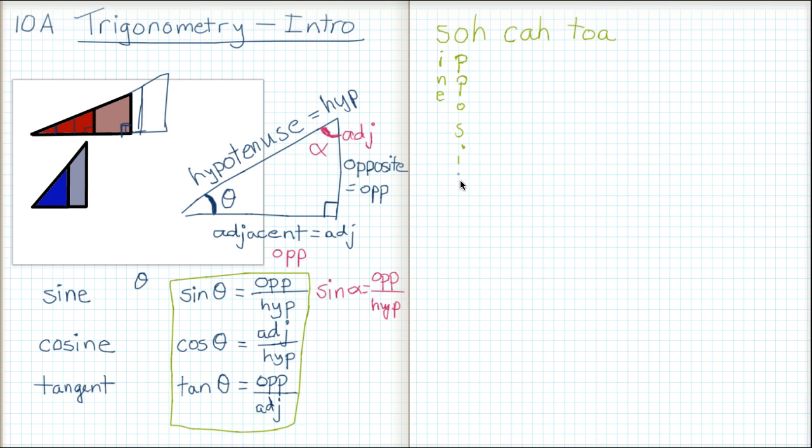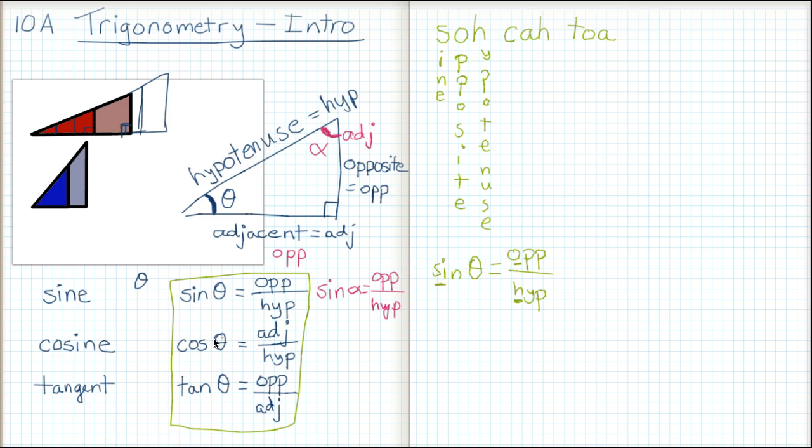And the H stands for hypotenuse. And that's to help you remember that if I take the sine of an angle and find out what it is, it'll be the ratio of dividing the opposite side over the hypotenuse. So just from SOH, you can remember sine is opposite over hypotenuse.